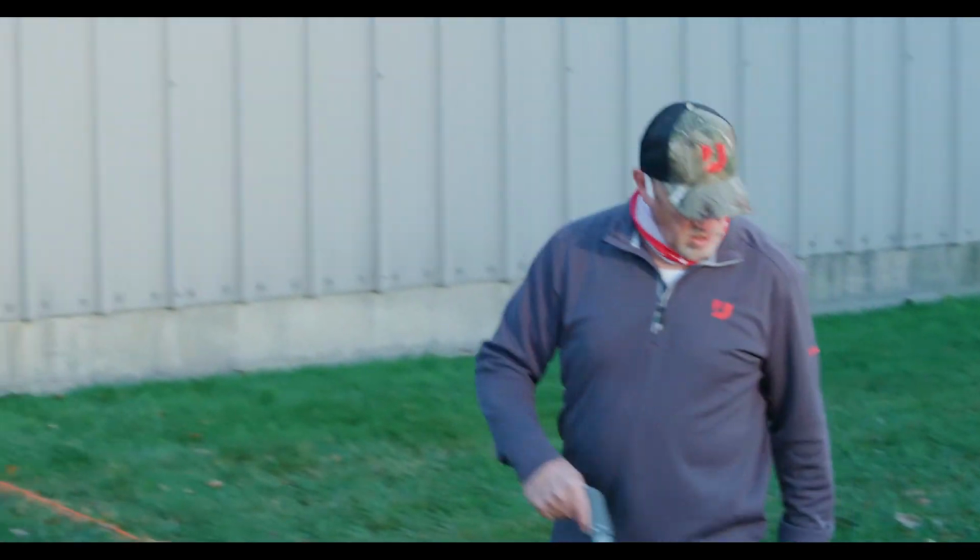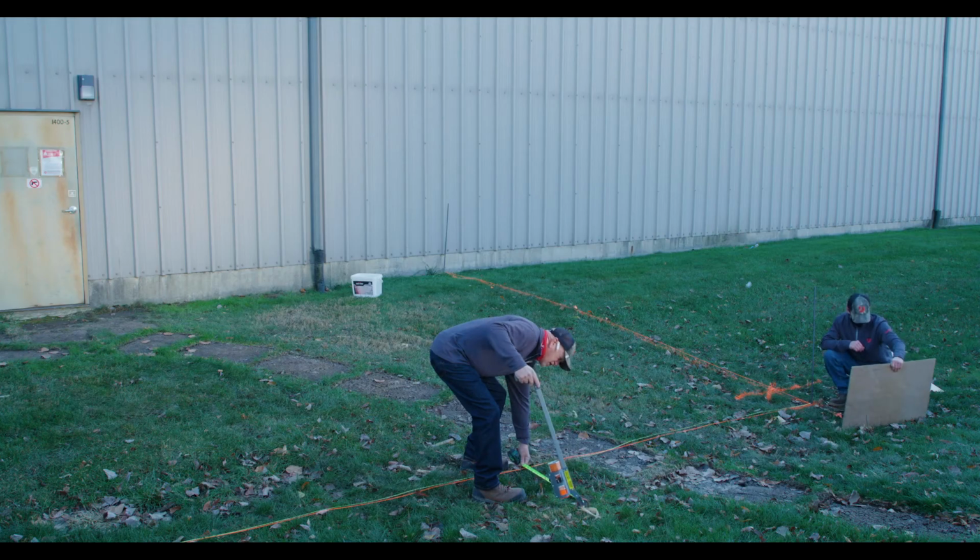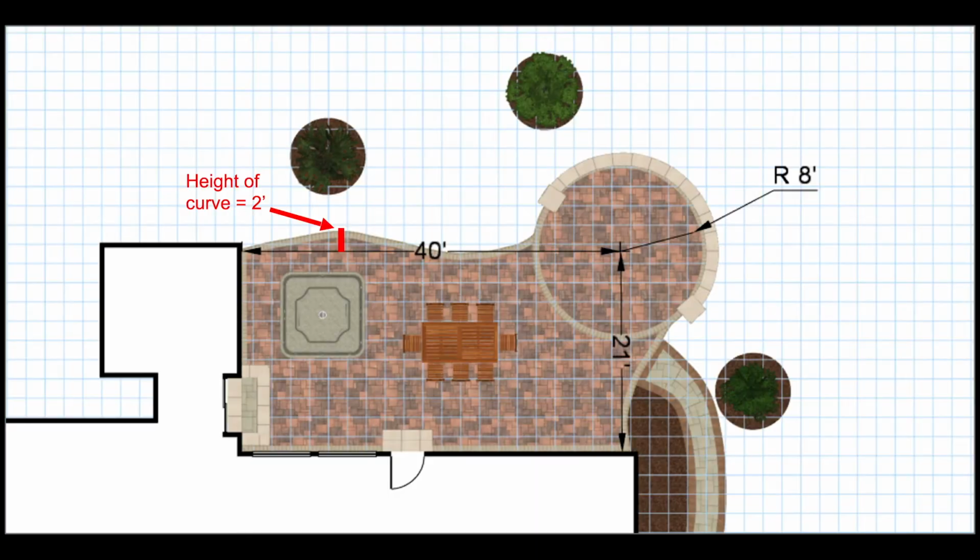So we know as that patio curves out here, oftentimes we don't have the ability to create a center radius point for that. So I recognize that at 10 feet away from the corner of that patio, the furthest point out, away from the structure, is at 10 feet, and that point is here at 2 feet.